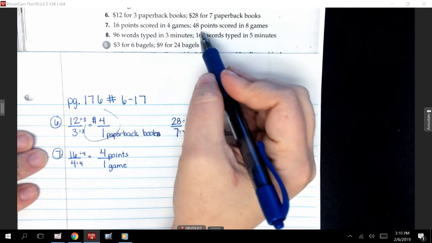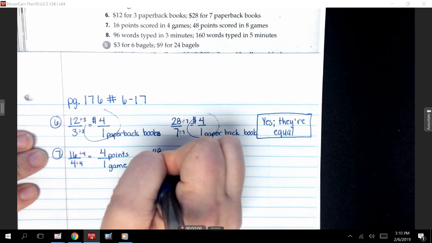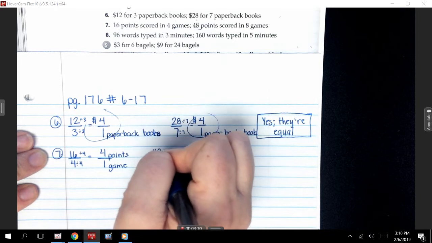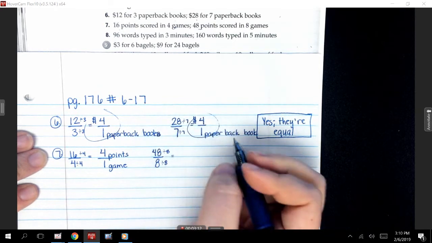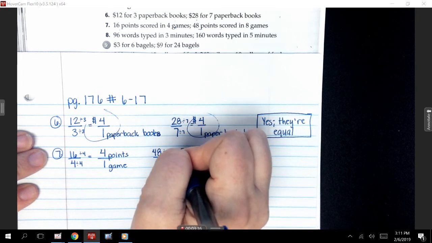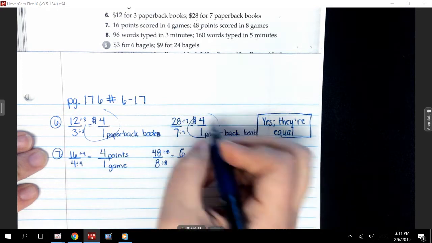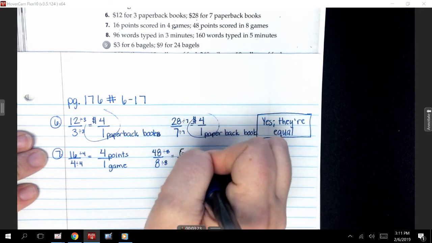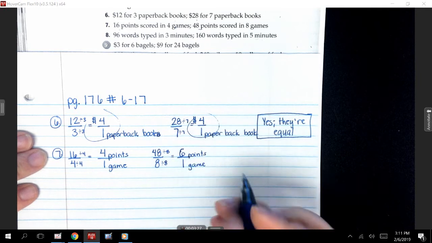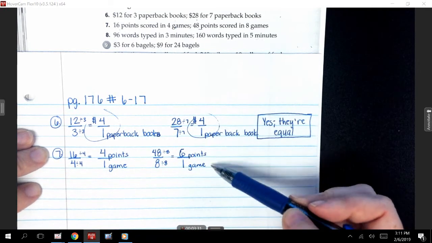All right, I'm going to go ahead and set up my next one. It says 48 and 8. So I have 48 over 8, dividing this top and bottom. So 48 divided by 8 will give me 6 over 1. And again, I need to put in what we're talking about, so points, and then 1 is my game. So I can see here now clearly this one says 4 points per game, this one says 6 points per game.